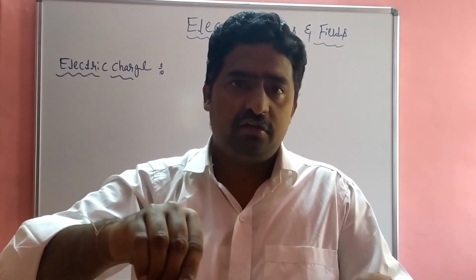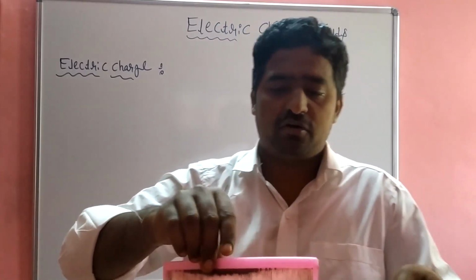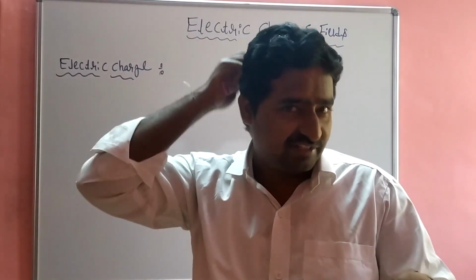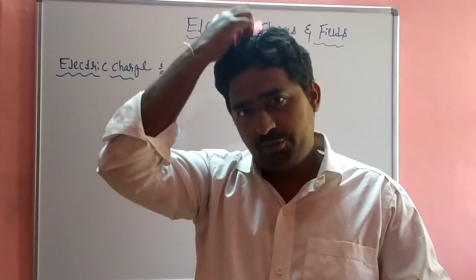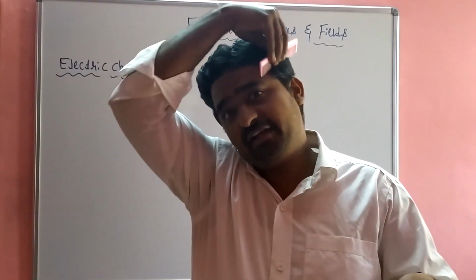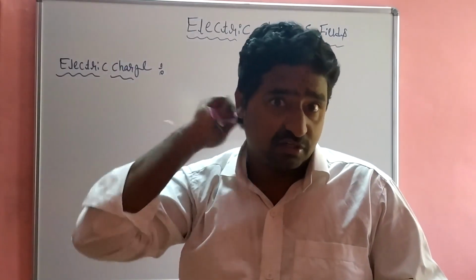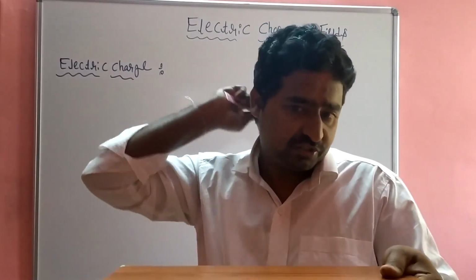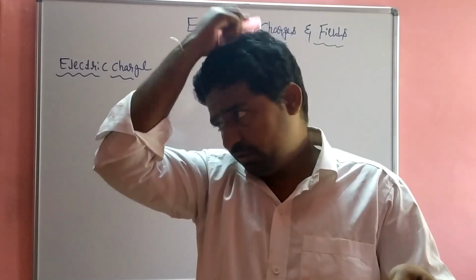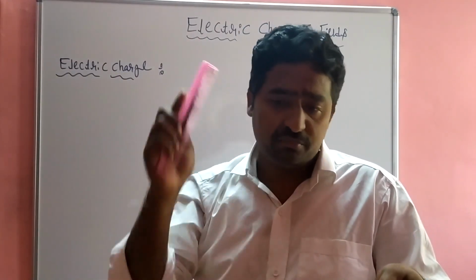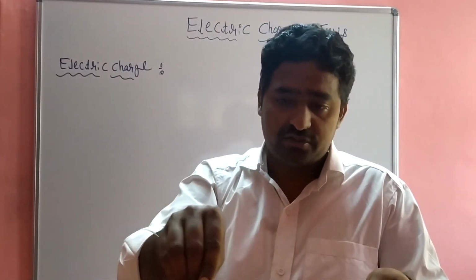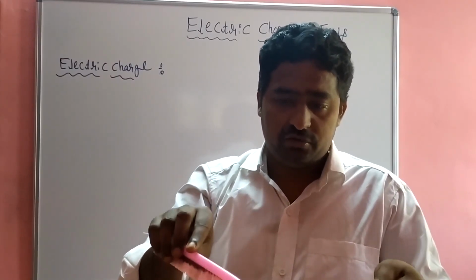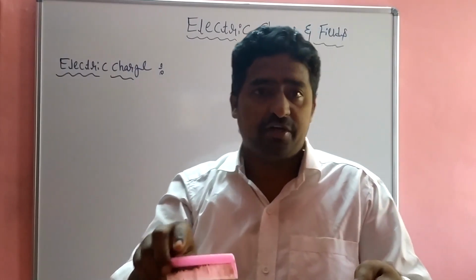That is the reason the small bits of paper are not attracted, I think because of the oil content of hair. Actually you need completely dry hair. So dry hair is rubbed with the plastic comb, and the comb is brought very close to the small bits of paper. So these bits of paper will be attracted. Let's see. So this is attracted.